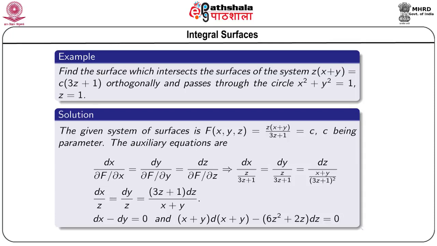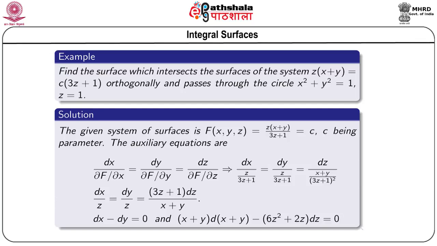Now, substituting the values of f, we can obtain the equations in simplified form: dx by z equals dy by z equals 3z plus 1 into dz by x plus y. From this equation one can obtain two integrals easily. One is dx minus dy equals 0, that means after integrating we get one integral x minus y equals constant, and some manipulation of this equation will give the other integral.